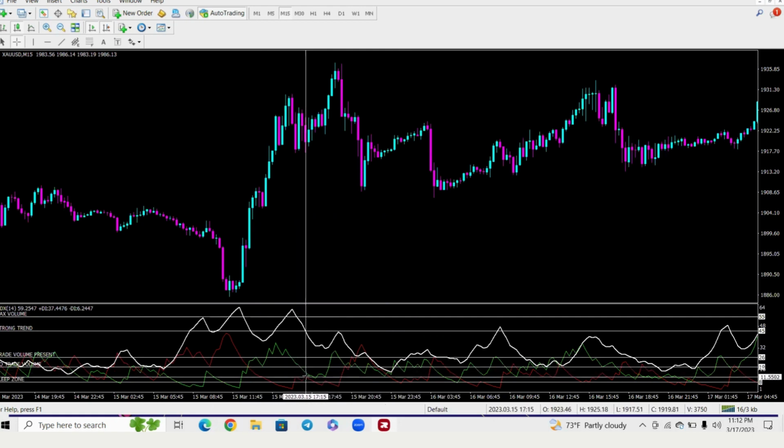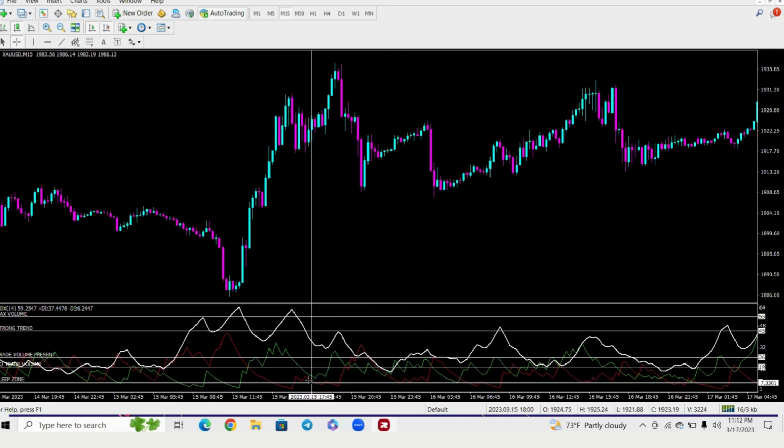We got kind of choppy because this came down up in here, and I'm going to point it out for you guys. Right in here, you see that right there? That's where we got this consolidation, all aligning with this here.